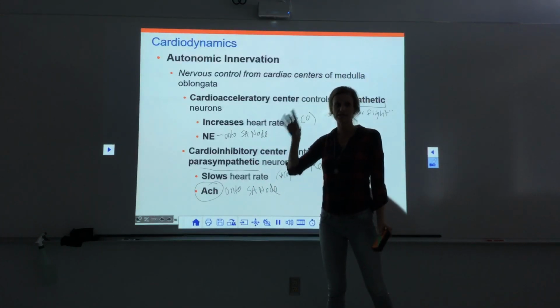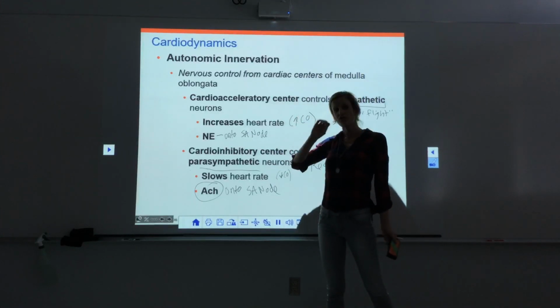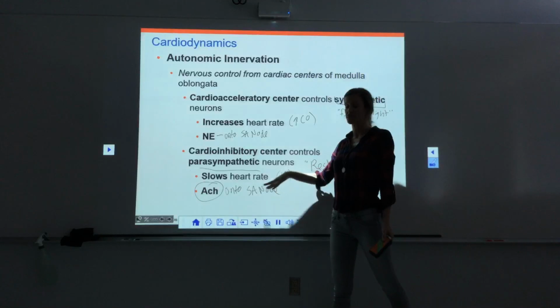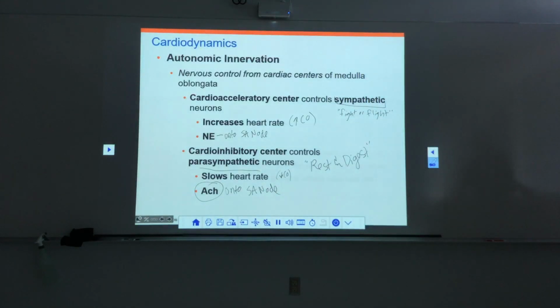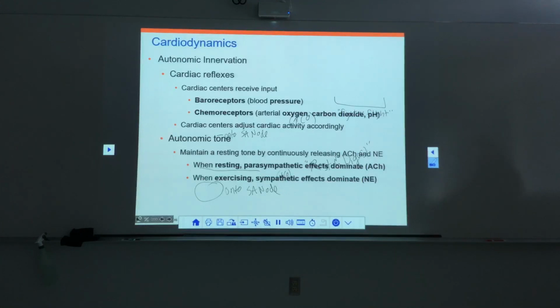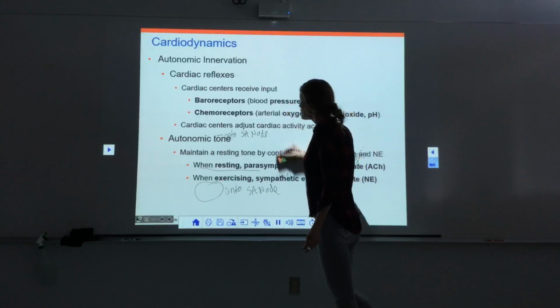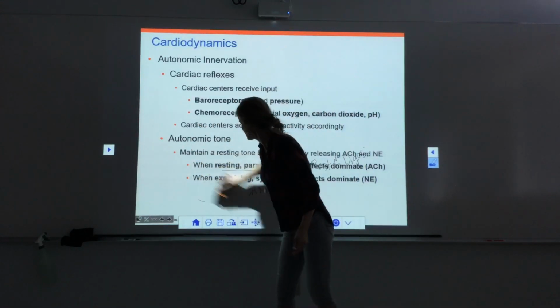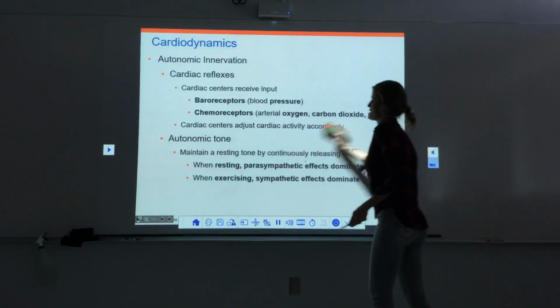The SA node sets its own basic pace, and then we alter that based on how much norepinephrine and how much acetylcholine we're releasing onto that node. Now, we always have some tone. We always have a little bit of norepinephrine and a little bit of acetylcholine being released onto the SA node.